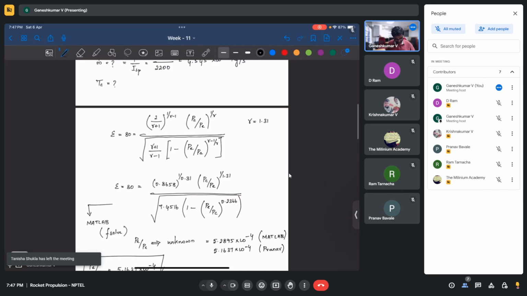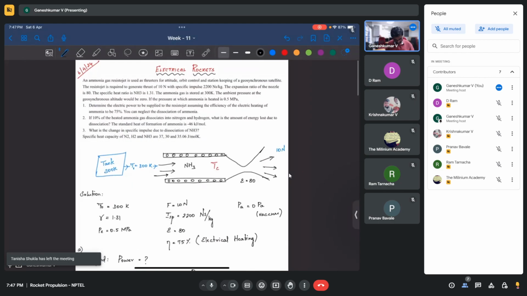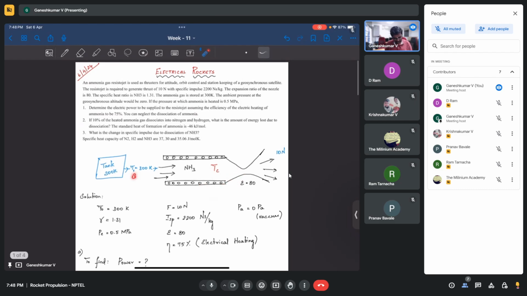So let me go back to the question. This is the total power you supply to the electrical heating, and the efficiency of electrical heating of ammonia is 75%, only for heating. Upon including that, the total is 13.0 kilowatts, the power you supply to heat the ammonia gas from 300 to Tc.